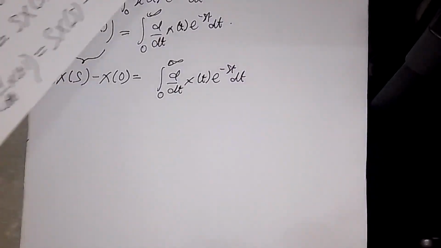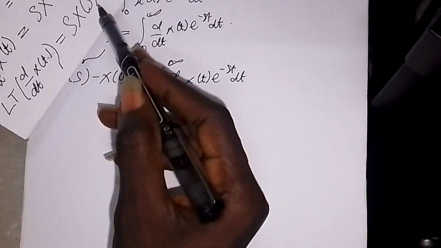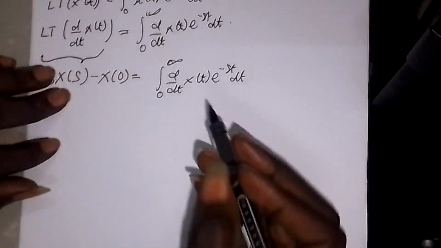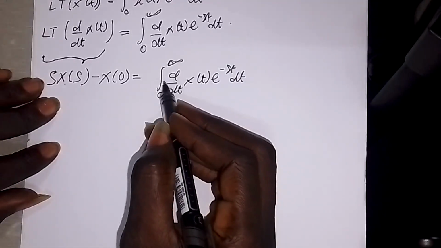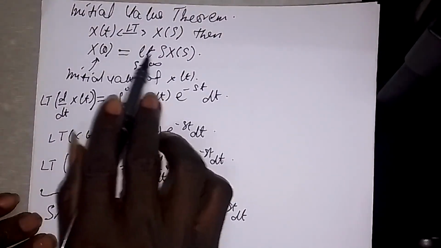You see that LT of d of dt of x of t, this is what I got, so it's the same thing I've written here. But you see that here is the initial value theorem.